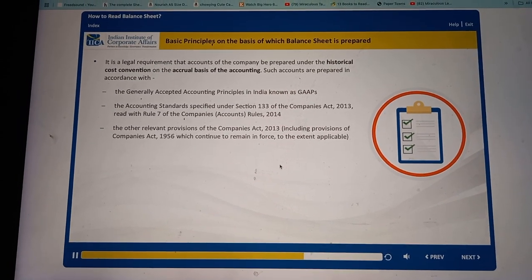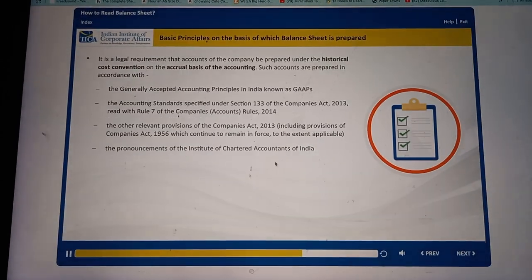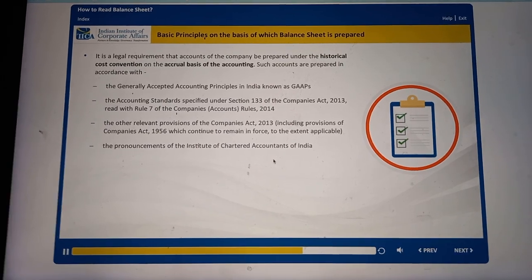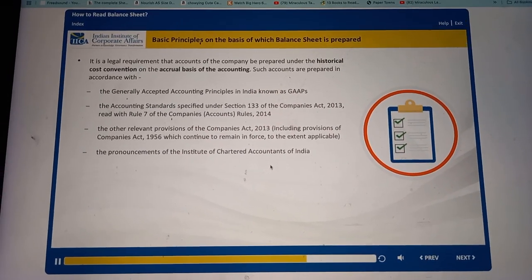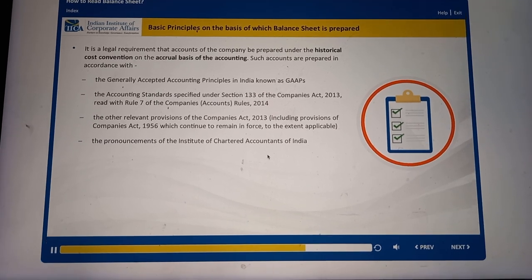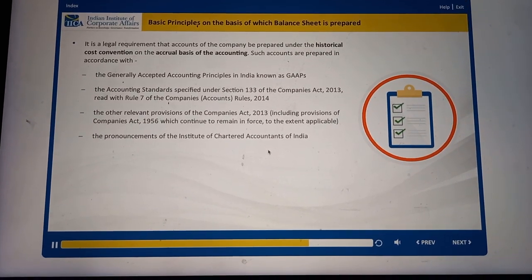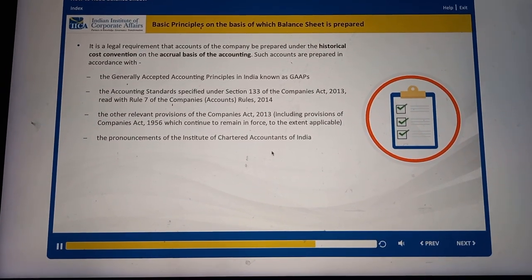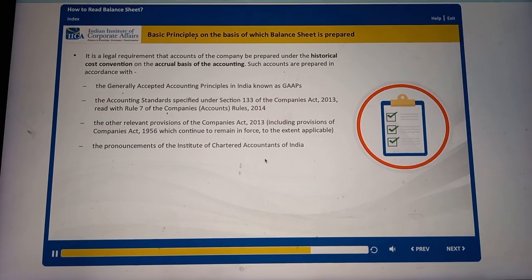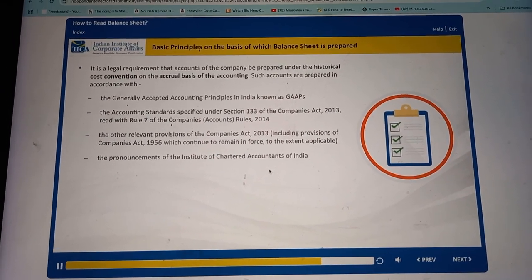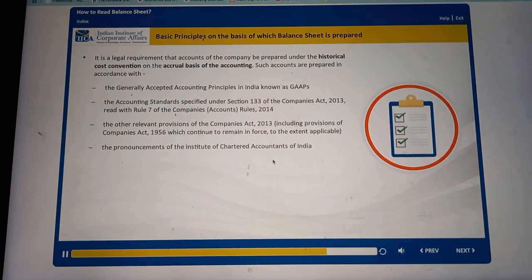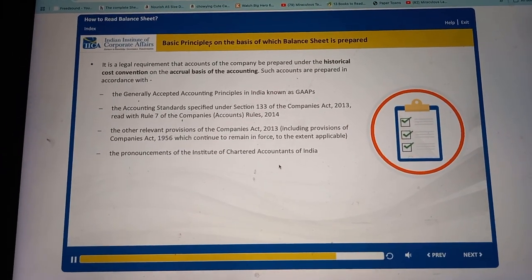And then further, there are certain pronouncements made by the Institute of Chartered Accountants of India on certain accounting treatments, like foreign exchange fluctuation, like amortization of cost, like expenditure earned in foreign currency, etc. All those pronouncements, as relevant and applicable to the company, are also required to be kept in mind at the time of preparation of the balance sheet.